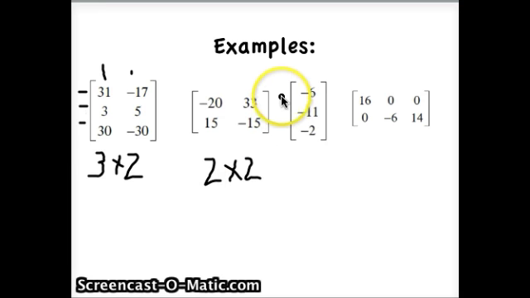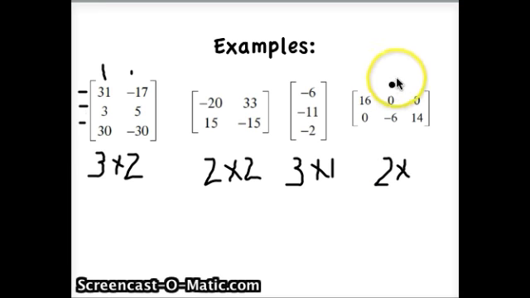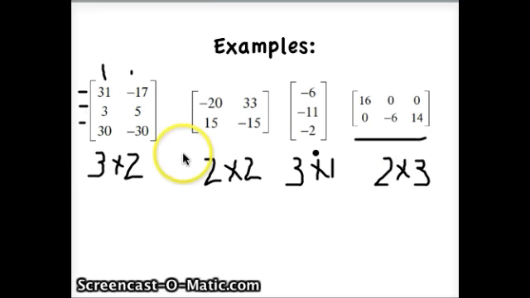The next one's a little tricky. We have 1, 2, 3 rows, so it's a 3 by, and there's only one column, so it's a 3 by 1. All right, the next one, 2 rows, so it's a 2 by, and we have 1, 2, 3 columns, so 2 by 3. Notice the 2 by 3 and the 3 by 2 look different.